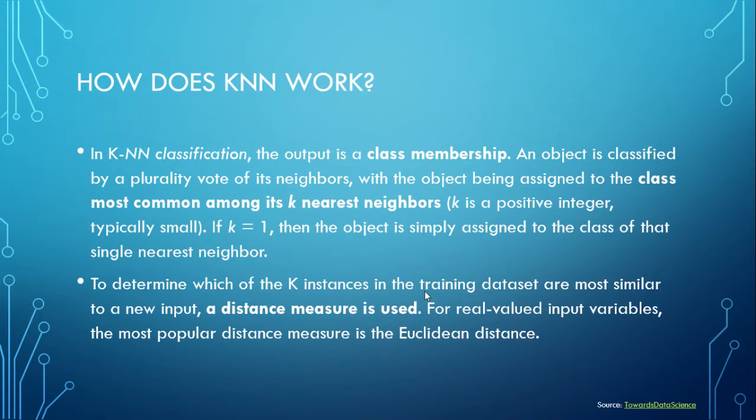And by nearest, it means that it should have properties that are very similar to your neighbor. This is similar to the set of friends that you choose in a class.